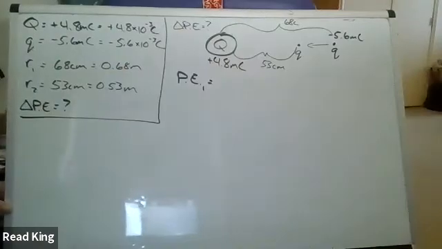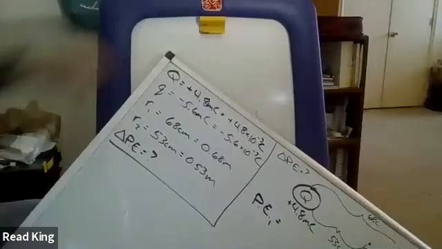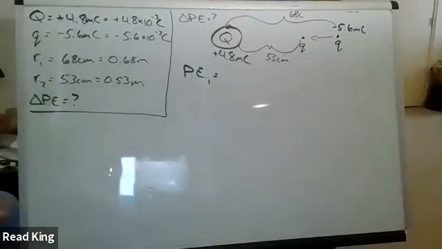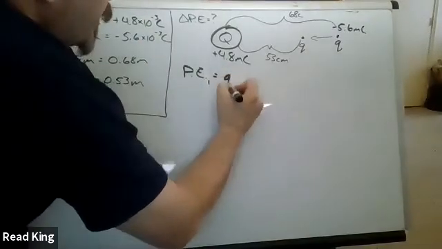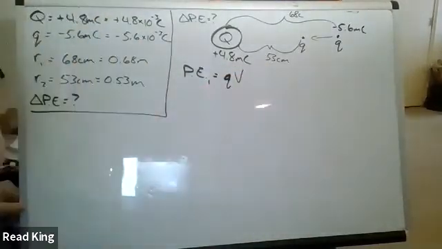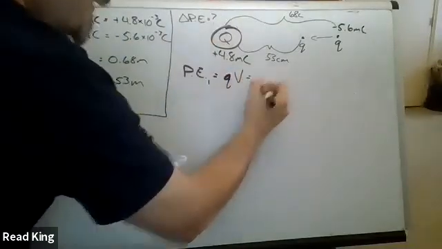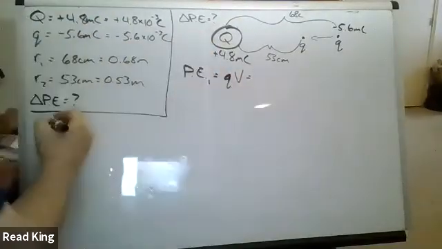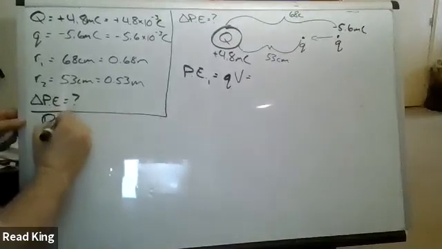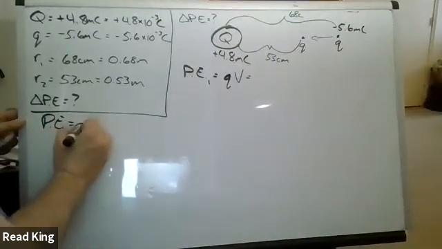Actually, hang on a second. Is this going to be QV? Well, we don't know what V is, so we're going to have to expand this equation out. I'll put the equations down here that we're going to use.